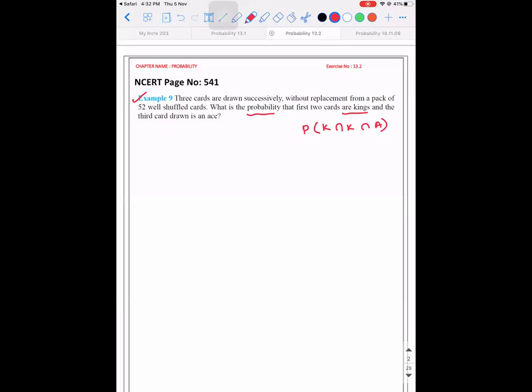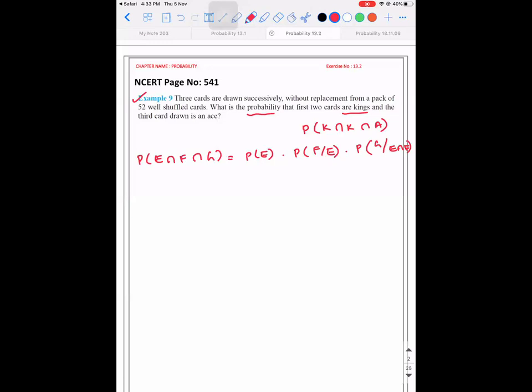What will be the formula for this? The probability of A intersection B intersection C, or you can take it as E intersection F intersection G, is the probability of E into the probability of F given E into the probability of G given E intersection F.